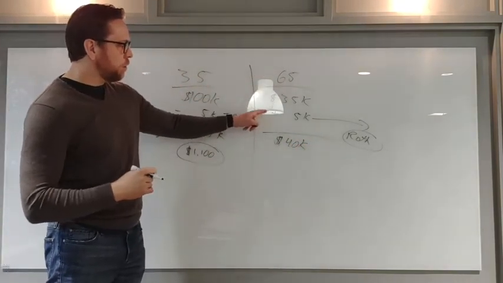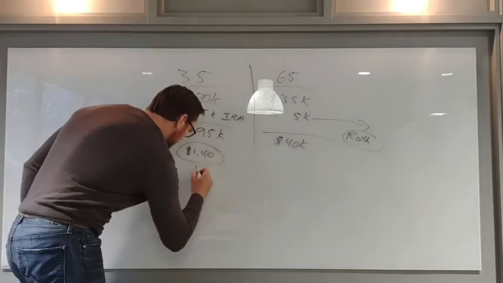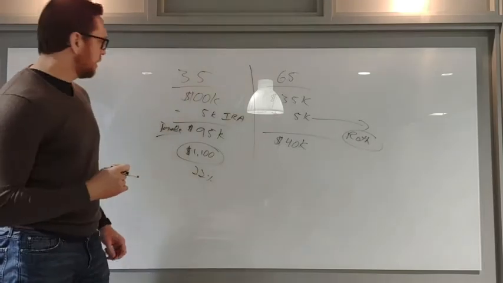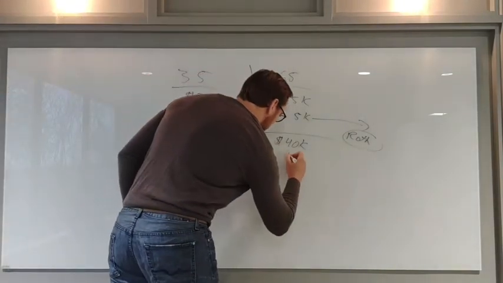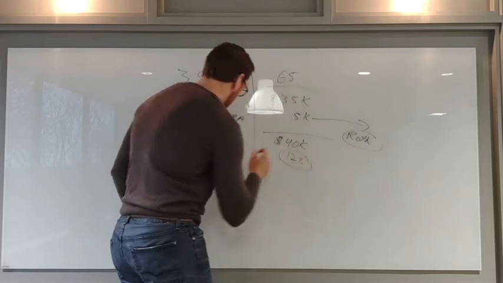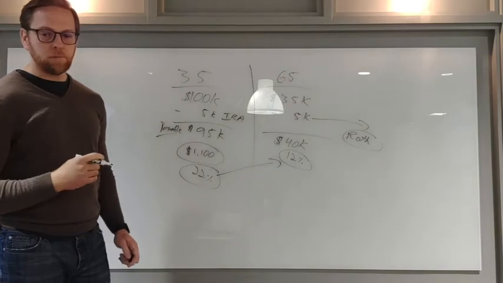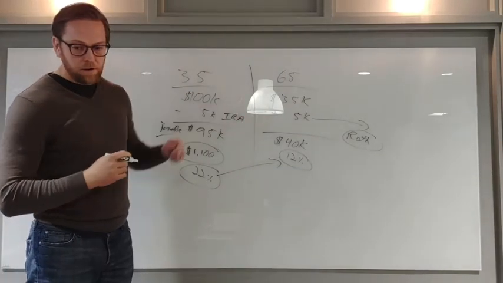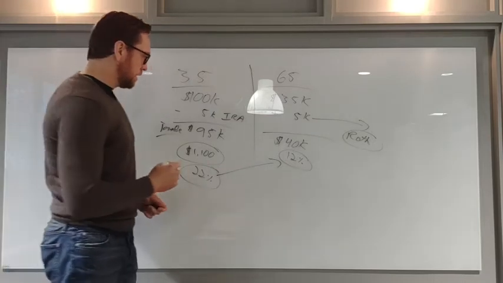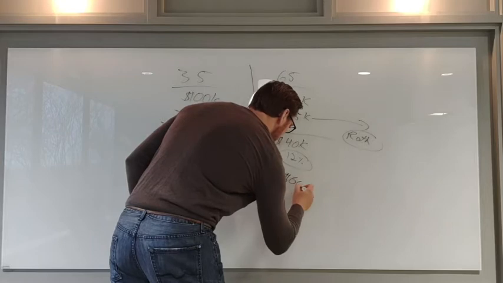So you actually pay more tax than you otherwise would. However, instead of the 22% rate when you were 35, here we're at a 12% tax rate. Quite a bit lower. And in this case, 12% on $5,000 is a $600 tax.